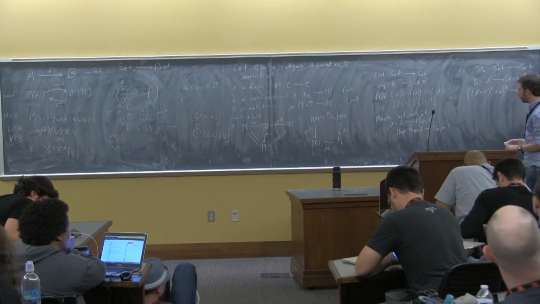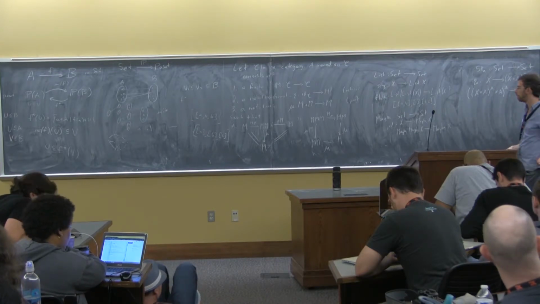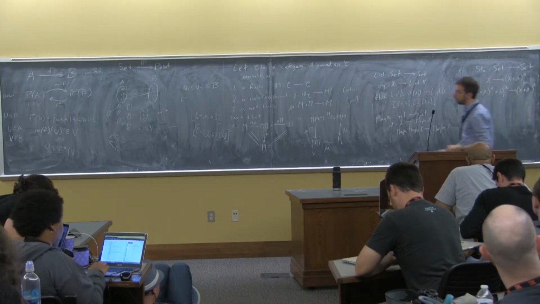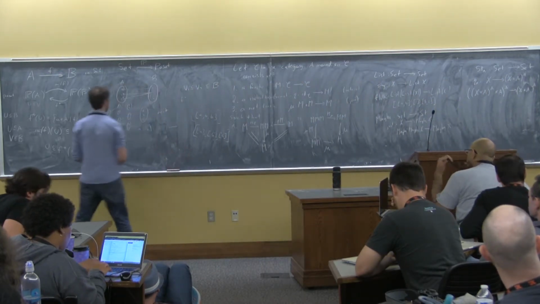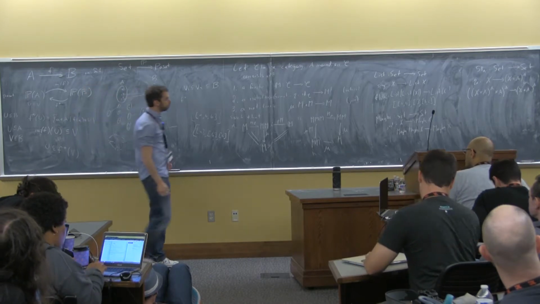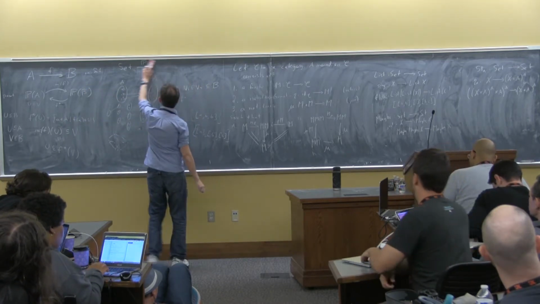And the point is that every adjunction has a monad, and various adjunctions might go to the same monad. So how do you get a monad from an adjunction?